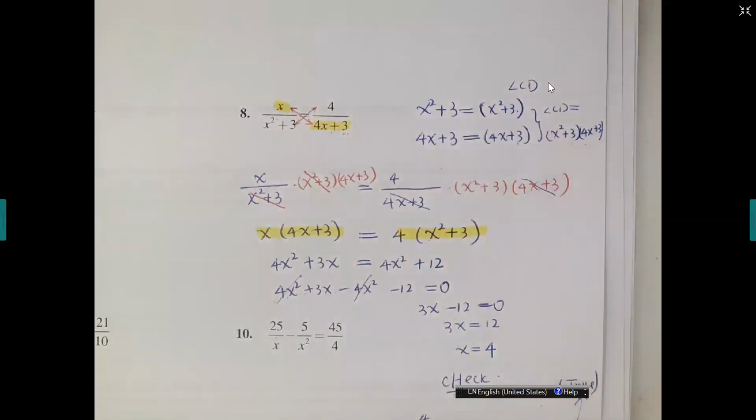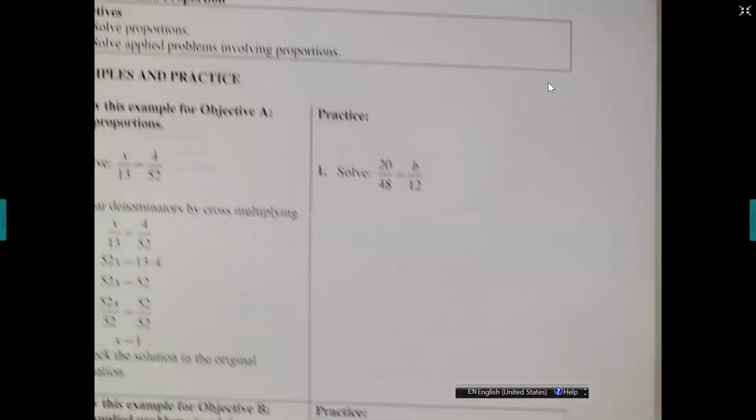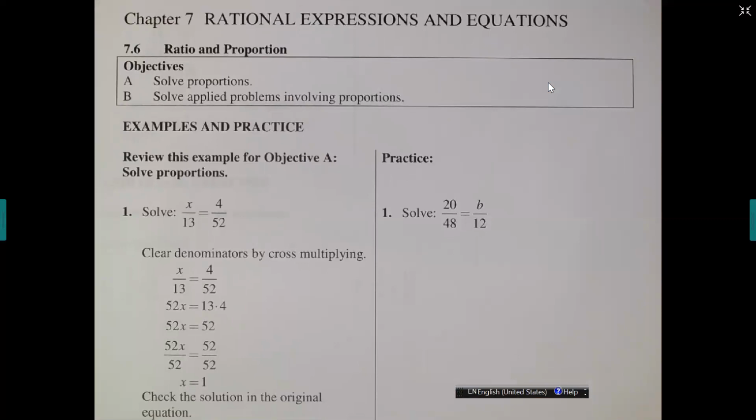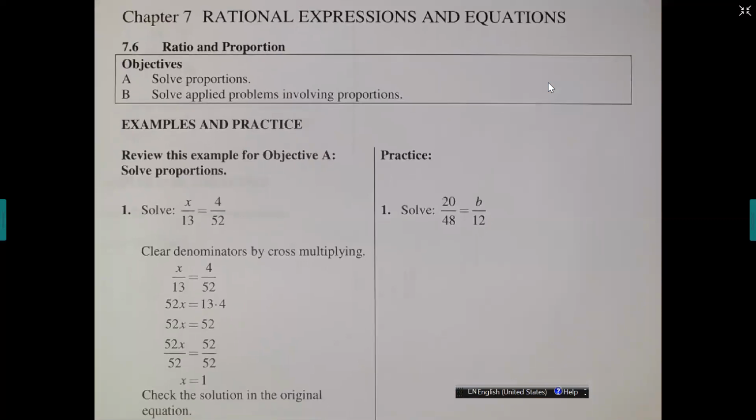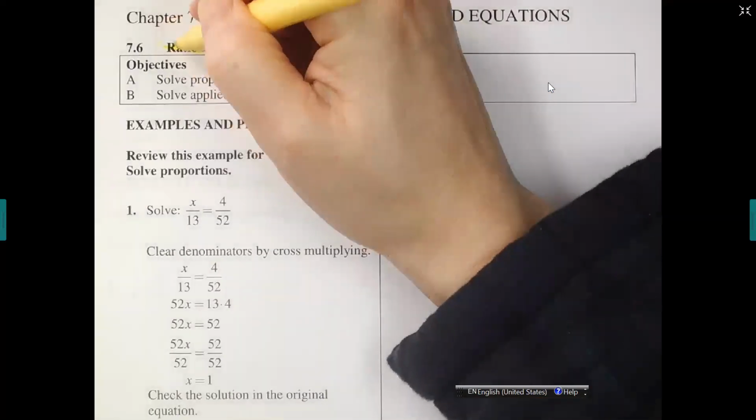Why? Because we do have a theory to back this up. And this is actually what is introduced in the next section, section 7.6, ratio and proportions. Those two concepts are not new to us. What's a ratio? The ratio means a quotient.